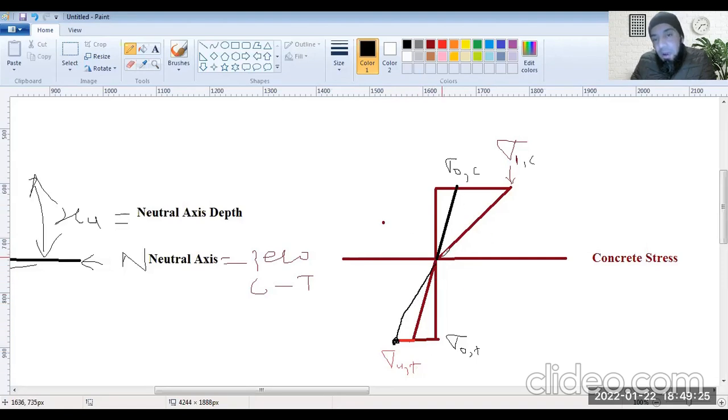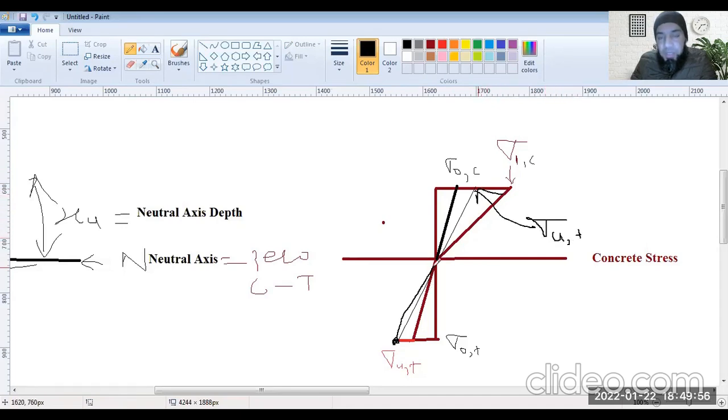Now similarly, it still has not gone into the compression zone. If I extend this point, it will reach this point. So you can resemble this point here. What is this point now? It's resembling sigma ut.